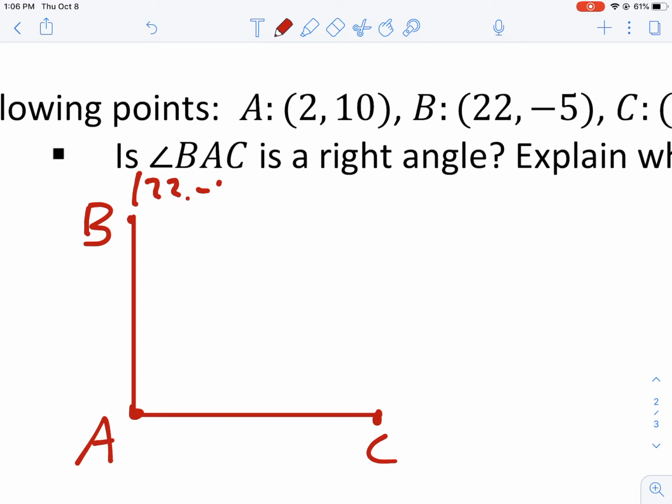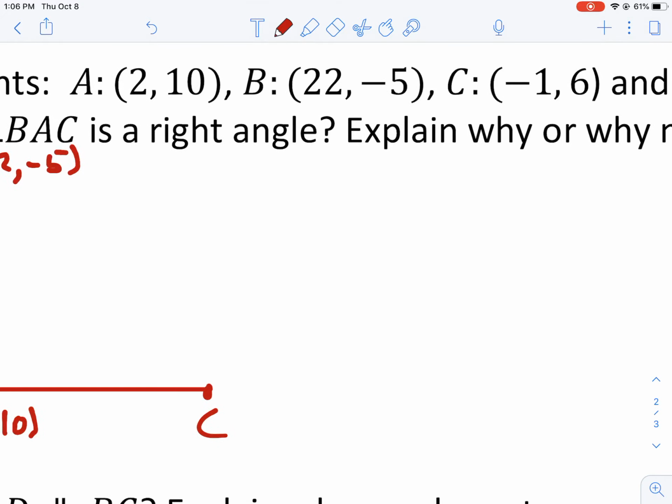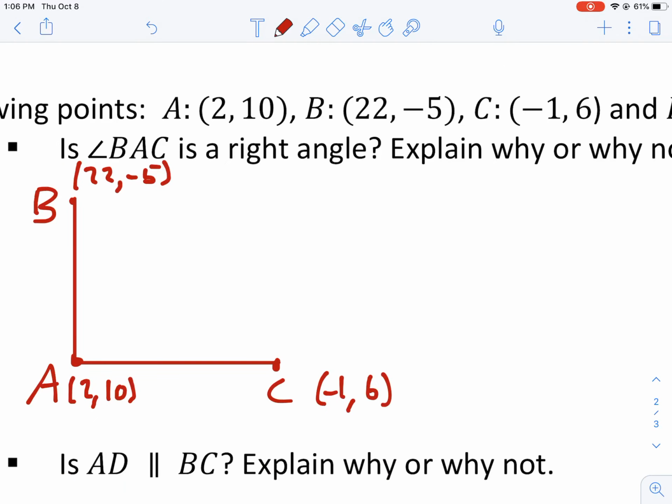We got (22, -5) right there. This is (2, 10). This is (-1, 6), okay? So we want to know, basically, is BA perpendicular to AC? All right, so I'm going to need to find those two slopes, all right?